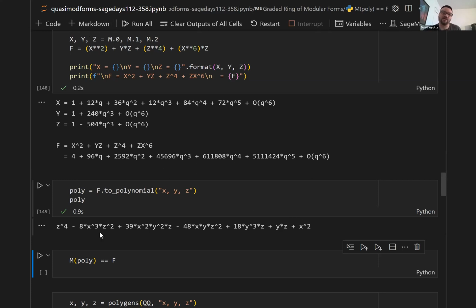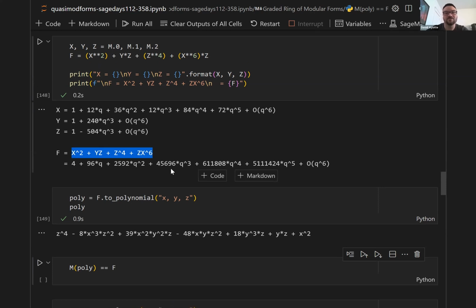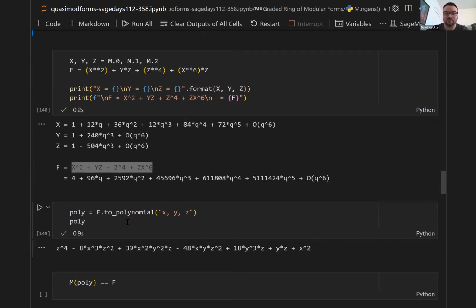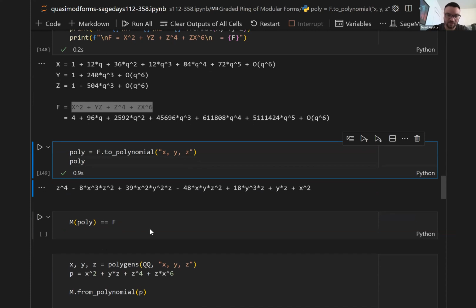And this polynomial corresponds to the relations that we have. But here, observe that this polynomial is different from the relation that I wrote here. This illustrates the fact that we have a quotient here. So we have indeed some relations between the generators.